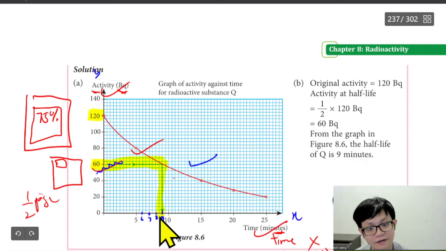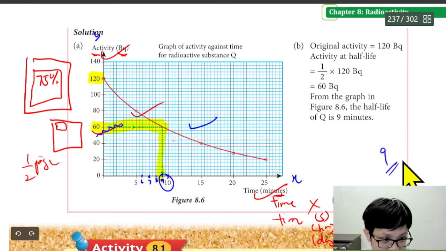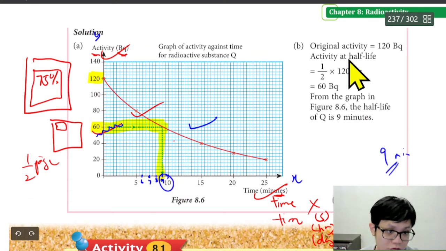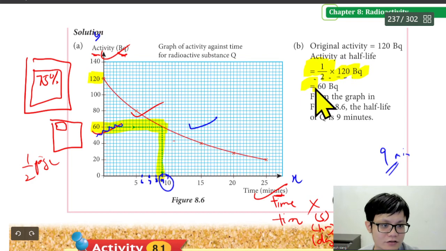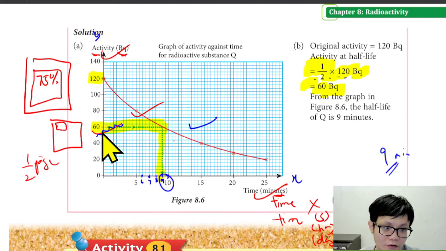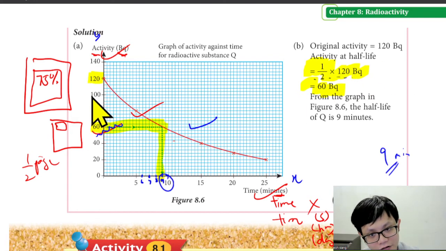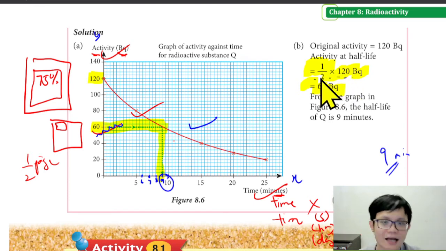So the answer you get straight away is 9. You know your answer is 9, based on the graph. And then do some working, show some working. Since here you halve it, 120 divided by 2, if you don't want to write 120 divided by 2, you write 120 times half, okay?